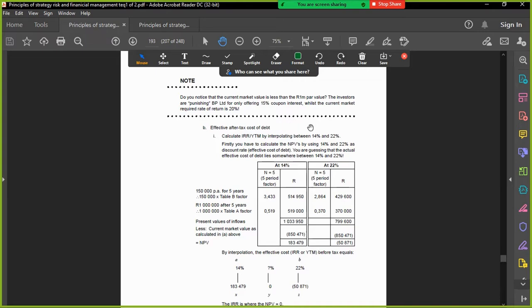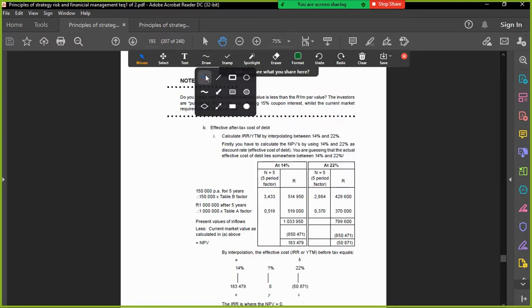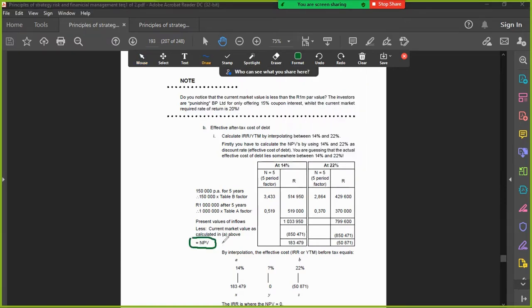Okay, because you're using different percentages, you're going to have to discount those things back at that percentage, because remember, you're trying to work out the net present value. Okay, so net present value is basically your PV. Here they're wanting you to calculate what is this question mark.